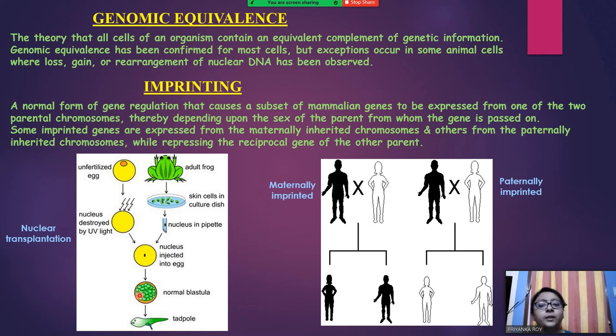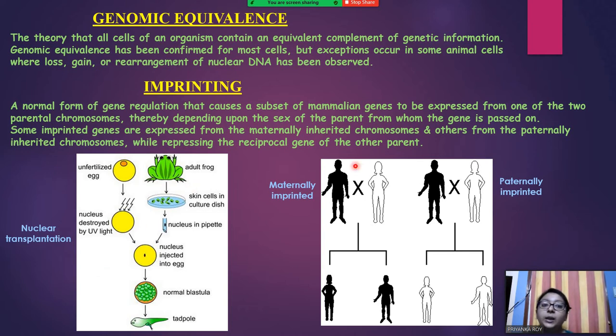Whatever the developmental pathway of a frog is, it will follow that only. So you can see that a skin cell nucleus can replace a normal unfertilized egg nucleus. Why? Because all the nuclei present in a frog body have the same genetic information. It will eventually give rise to a frog only. So from this nuclear transplantation method, you can see how genomic equivalence was proved.